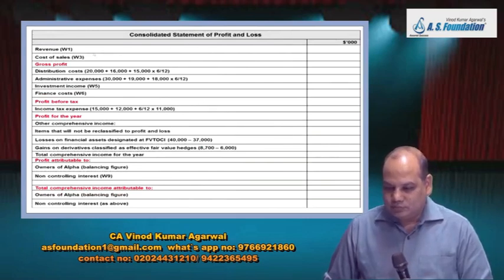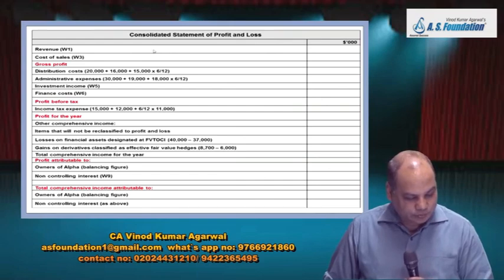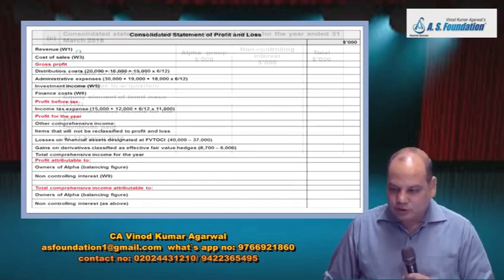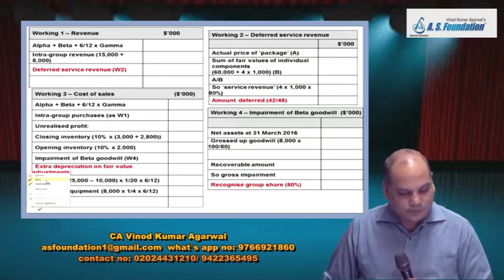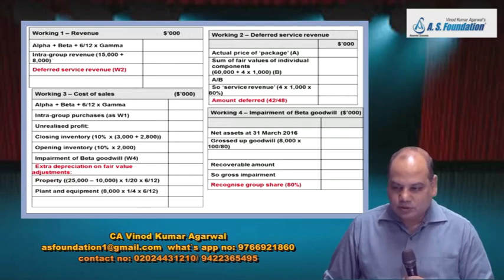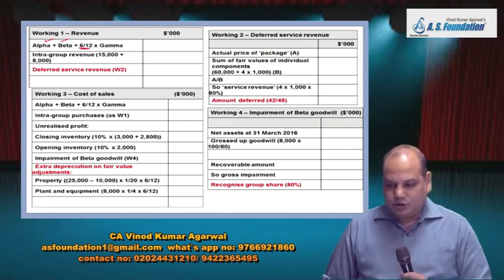Now, dear student, come to P&L account. Revenue. Working note 1. Go to working note 1. Now, in this problem, be careful. Alpha, beta take full amount and gamma take 6 months, 6/12.